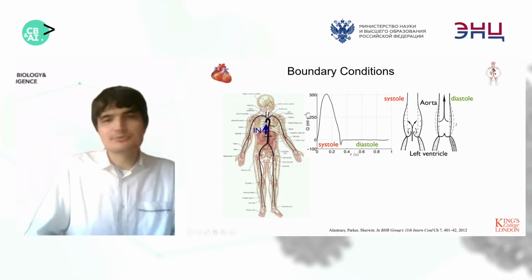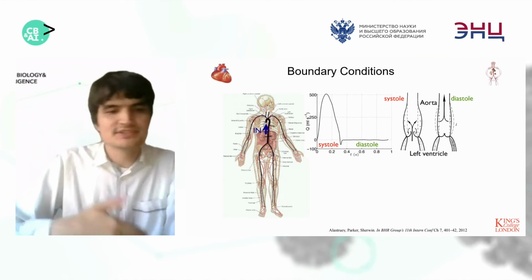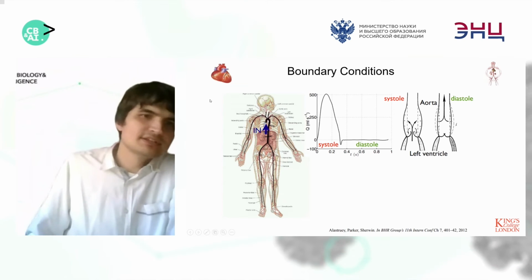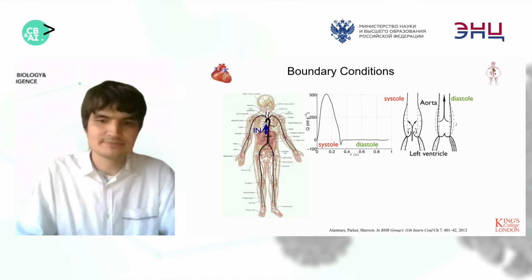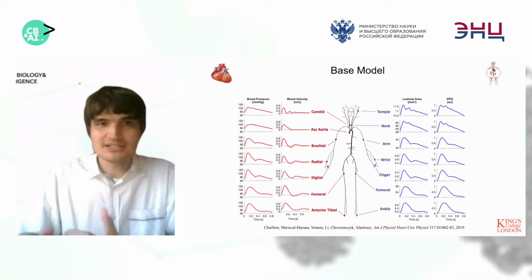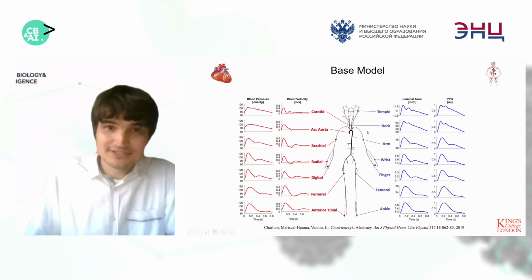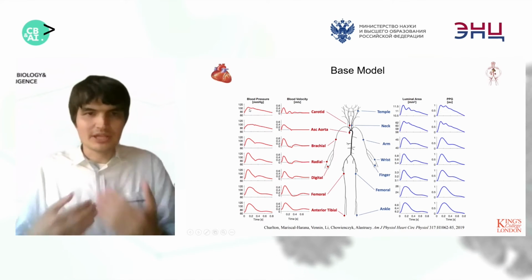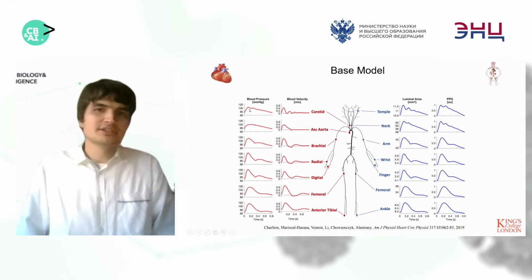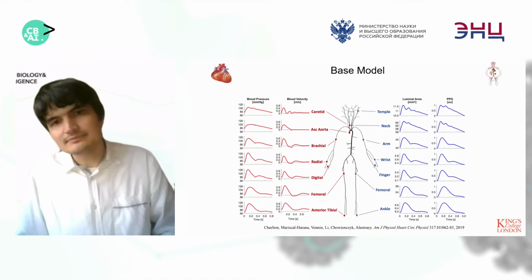With these boundary conditions, we can solve these hydrodynamic equations in this one-dimensional graph of arteries, and we can calculate our pulse waves at various points. In various points of arteries, we can calculate blood pressure, blood velocity, and blood flow area.